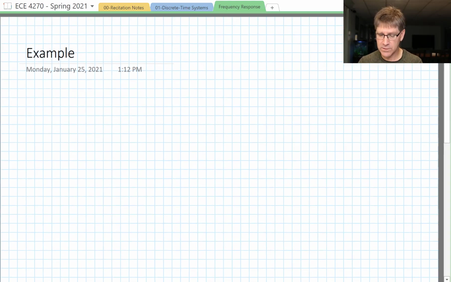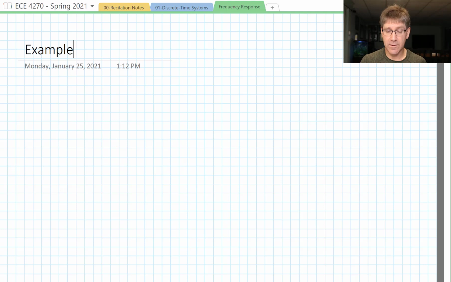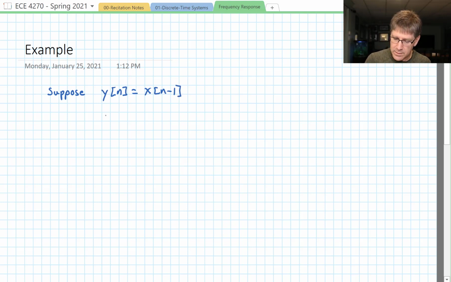Okay, so suppose that y of n is equal to x of n minus 1. Very simple. We find the impulse response by letting x be the impulse, and so we can just write down h of n.